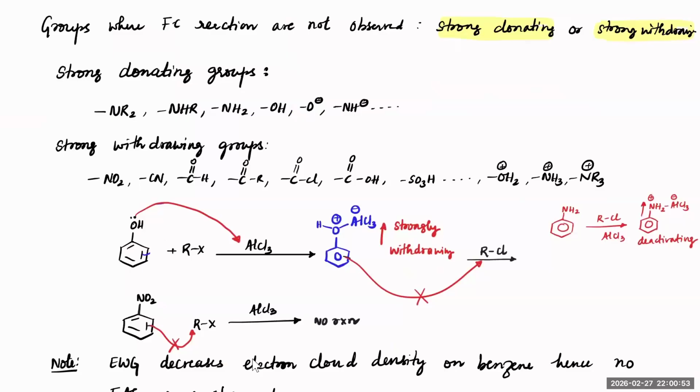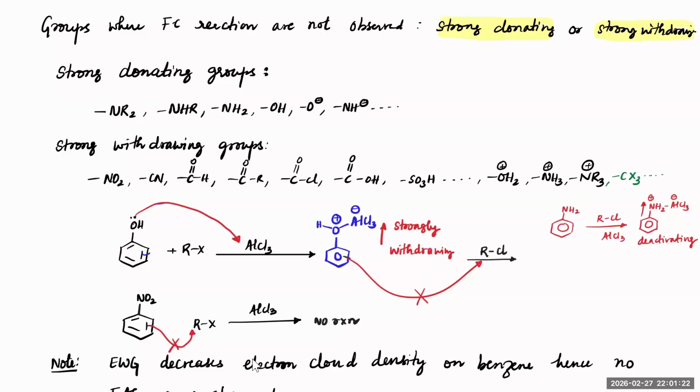While strongly withdrawing groups are like NO2, cyanide, CHO, COR, COCl, COOH, SO3H, anything which has a plus charge, or for that matter, anything which has CX3. X could be fluorine, chlorine, bromine, anything. These are all very strongly withdrawing groups. So if a group is strongly withdrawing or strongly donating, in both cases Friedel-Crafts fails to give the reaction.